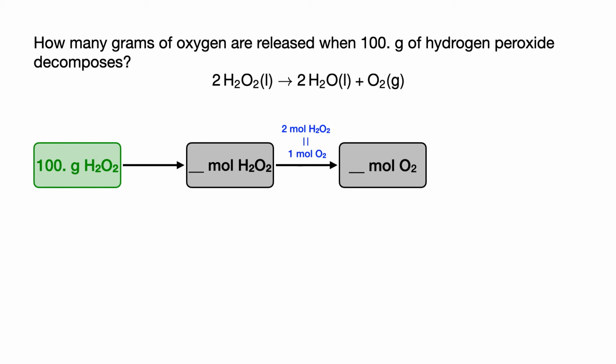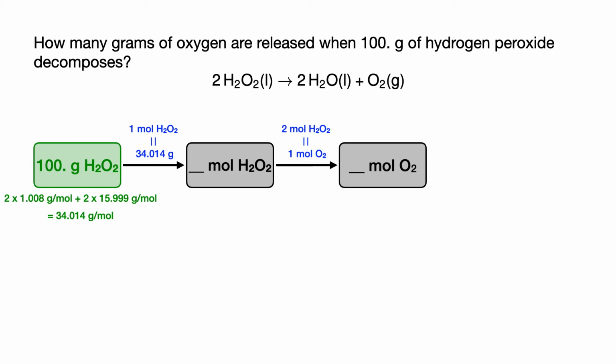Hydrogen peroxide has a formula H2O2, and so its molar mass is going to be twice the molar mass of hydrogen plus twice the molar mass of oxygen, and that adds up to 34.014 grams per mole. That tells us that 1 mole of hydrogen peroxide has a mass of 34.014 grams. So that makes the connection there.